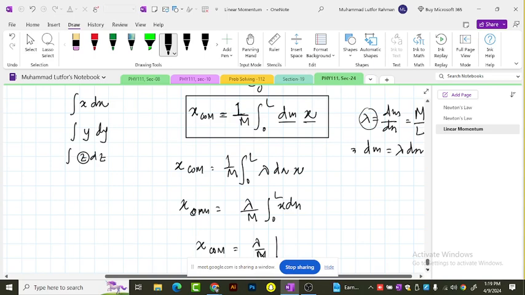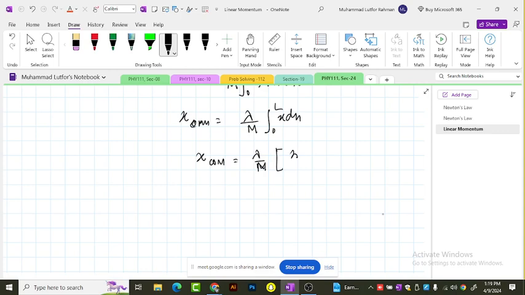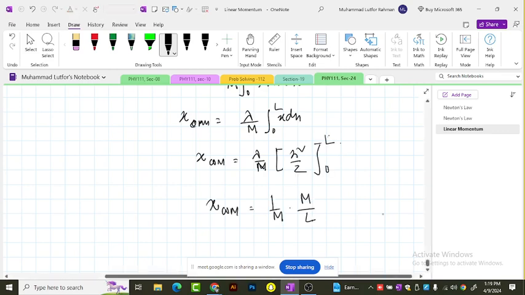So x is going to be x square by 2 from 0 to L. Then x should be 1 over m, lambda I can write as m over L, into L square by 2 minus 0, right?